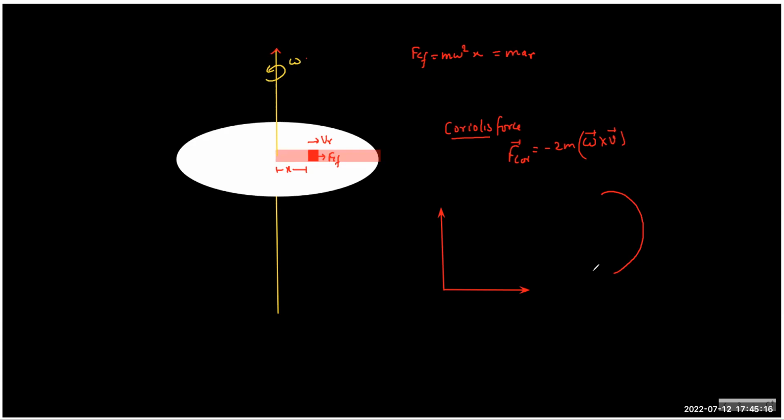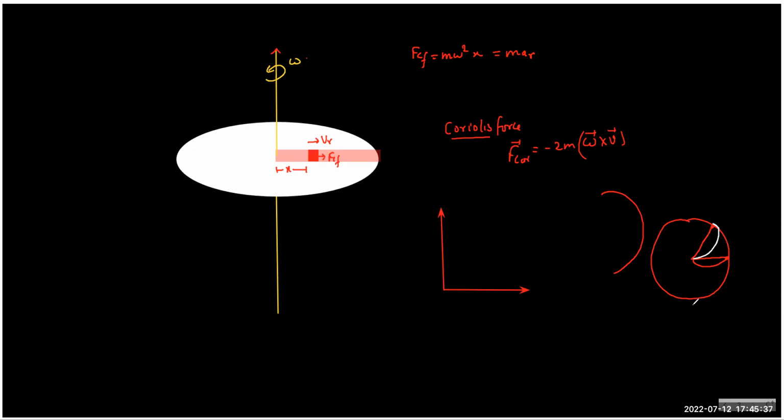If you have a disc like this, as you go this way, the groove will turn here. So when you are here in the frame of the disc, you are actually here in the ground frame. So your actual path is something like this.